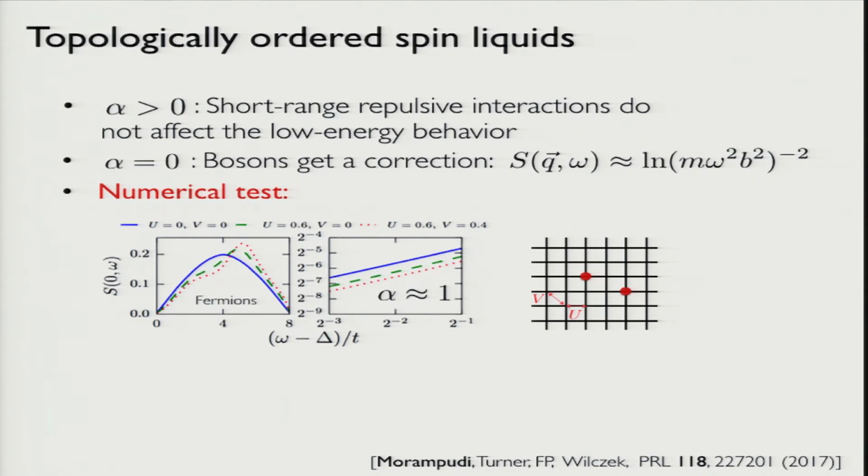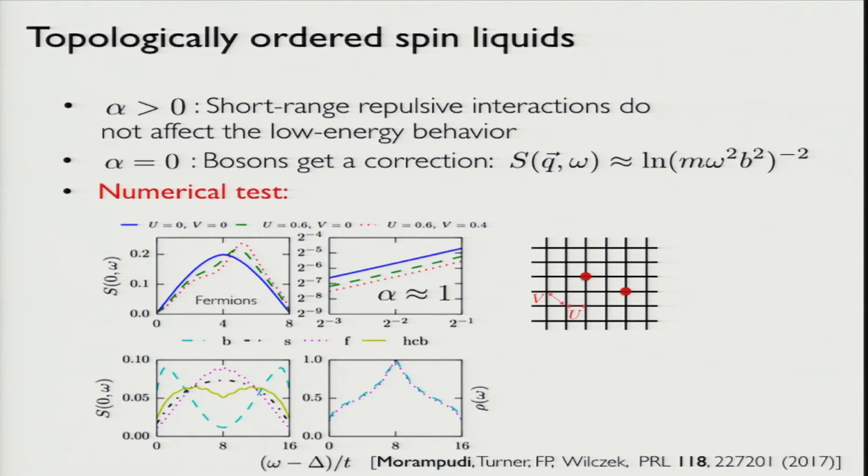We see that in the low energy part, it indeed appears to be linear. If you plot it on a log-log plot, we find that it is nicely linear, and moreover, it's linear for all sorts of interactions, while the high energy part is affected by the interaction. It looks non-universal.